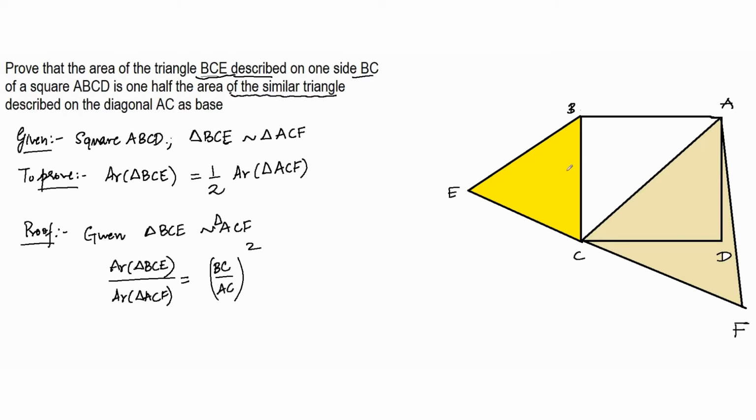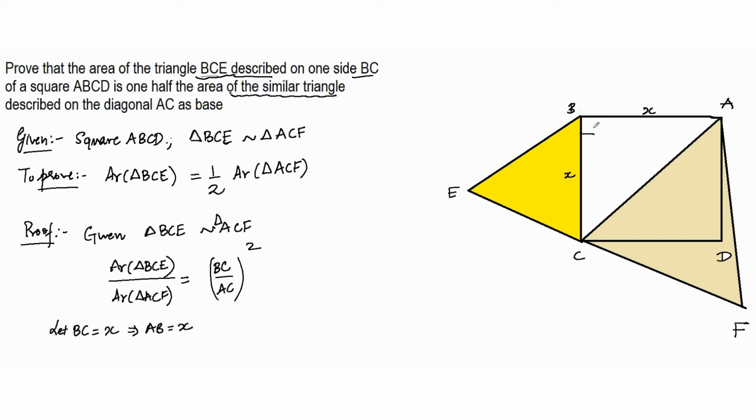Now if I consider the side BC as x, so let BC be equal to x, then I know that this is a square. So this implies that AB is also going to be x because in a square all sides are equal.